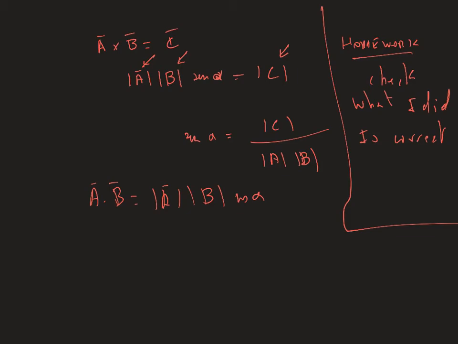Okay, good luck. Well, just find the angle alpha using this equation, and find the angle alpha using this equation, and it should be the same angle. This is the homework, to find the angle, and to check that alpha is equal to alpha, whatever you calculate, the angle between the two vectors, and this is in space.